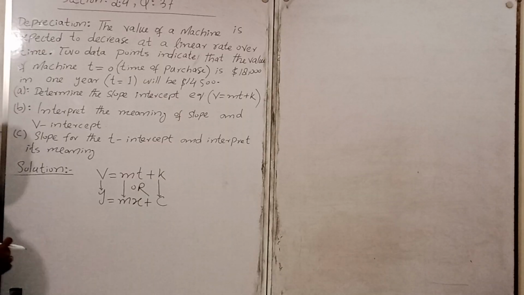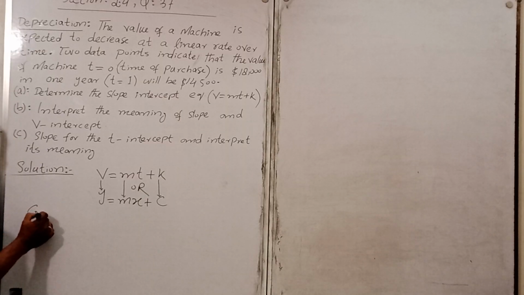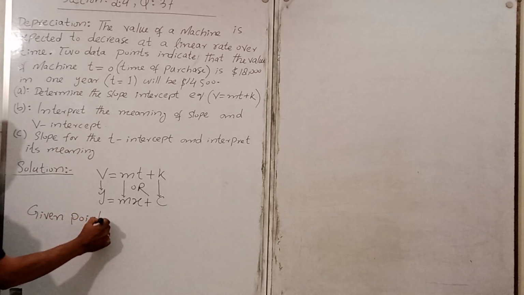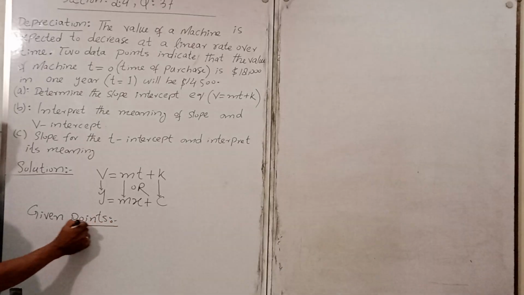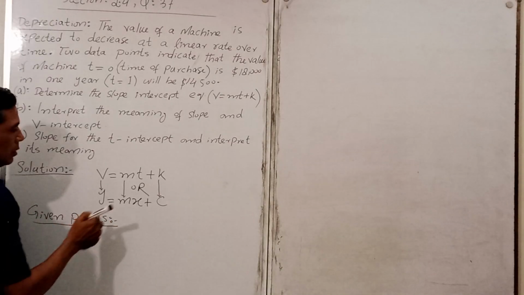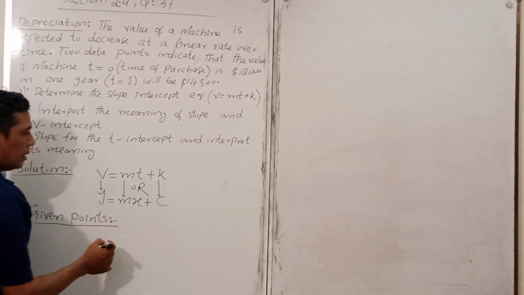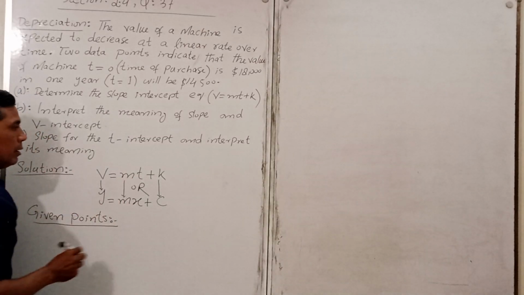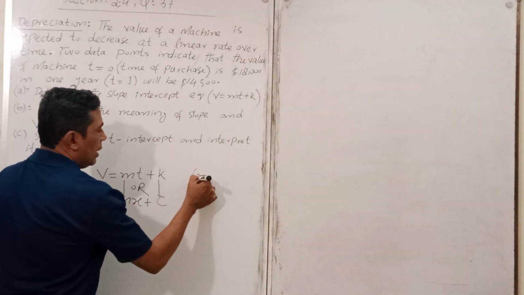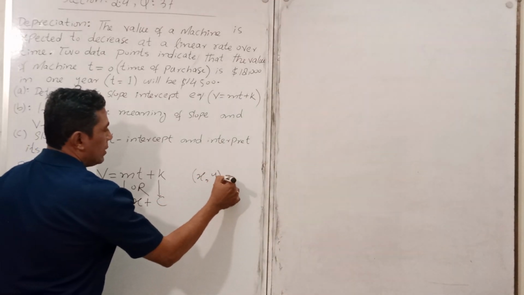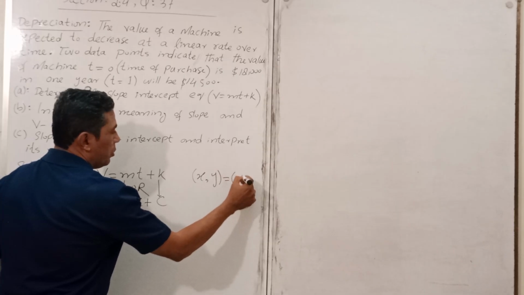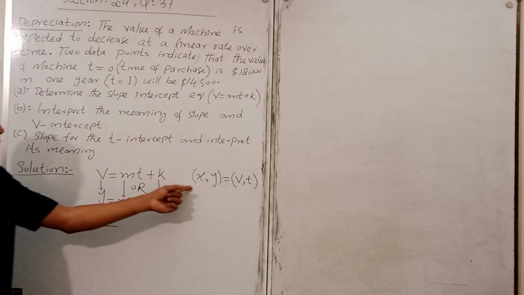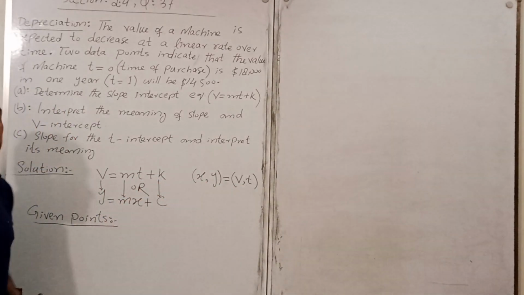What are the given points here? I can write that t represents x and v represents y. Normally we write x and y, which here are t and v, so I can write x and y as t and v according to this equation.